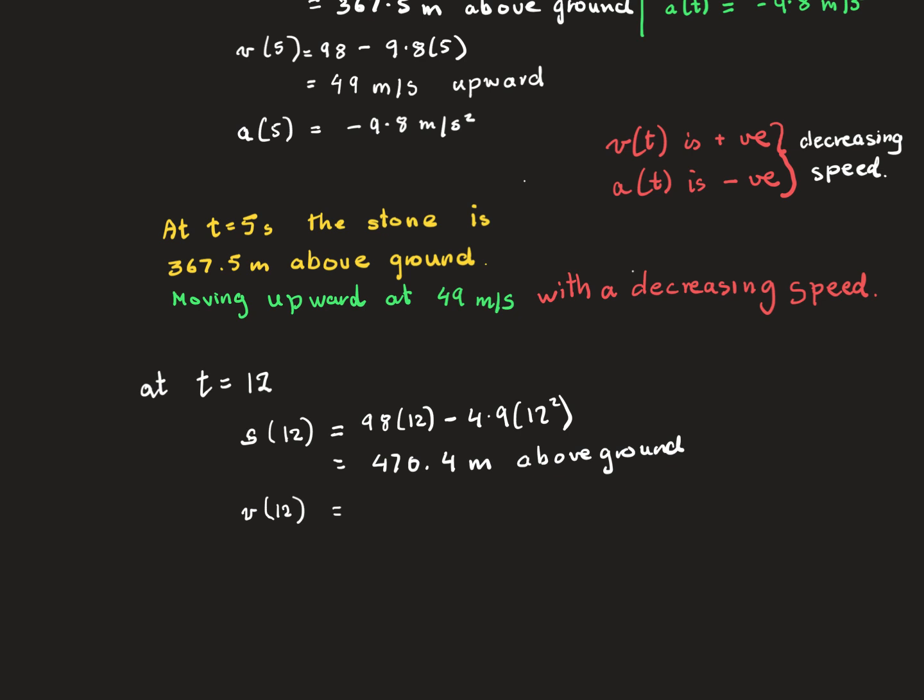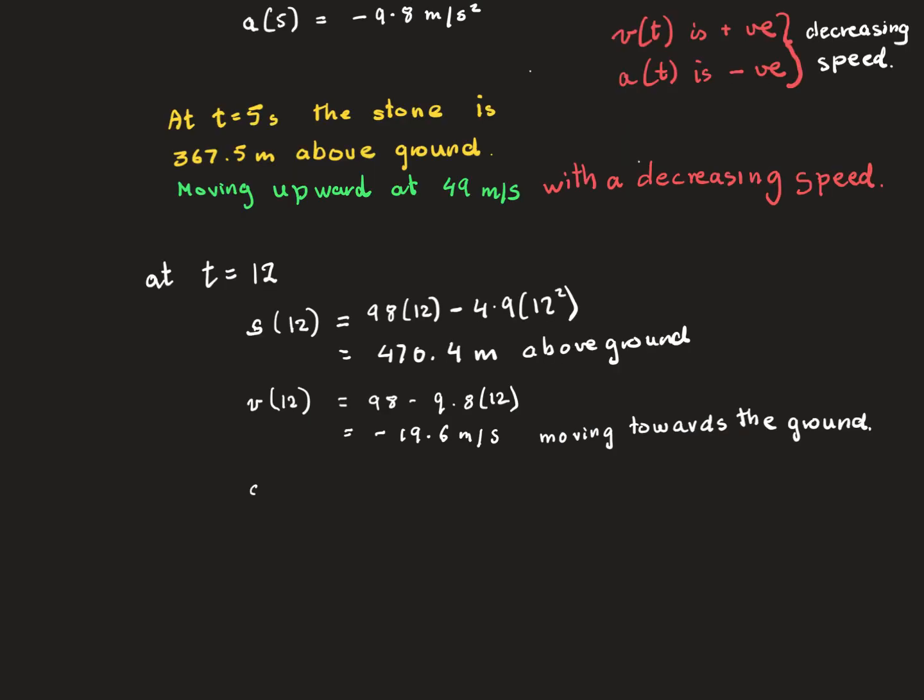Velocity at 12 seconds will be 98 take away 9.8 times 12, and we will get negative 19.6 meters per second. And what does the negative sign mean? It means that it is moving towards the ground. And naturally the acceleration will be the same.